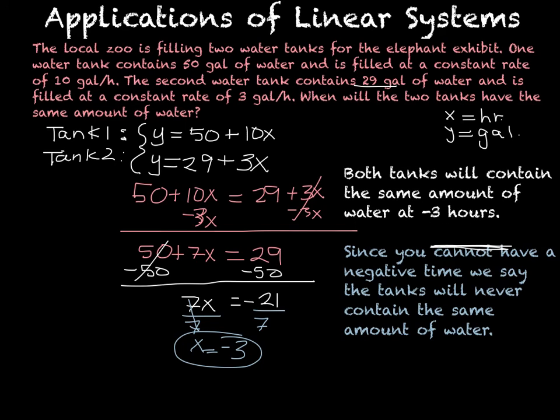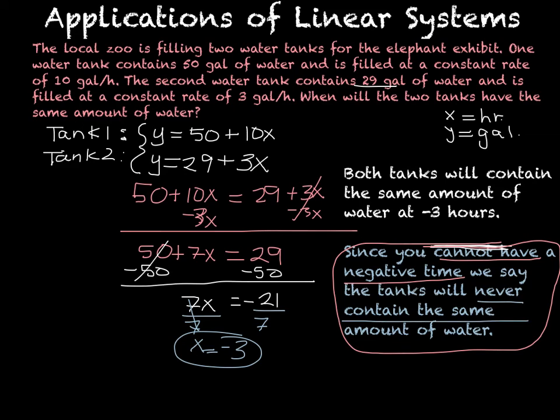So since we cannot have a negative amount of time, we will say that the tanks are never going to have the same amount of water, because the only time they do is at a negative time. So your final answer is right here. Tanks will never contain the same amount of water. And that's your final answer.